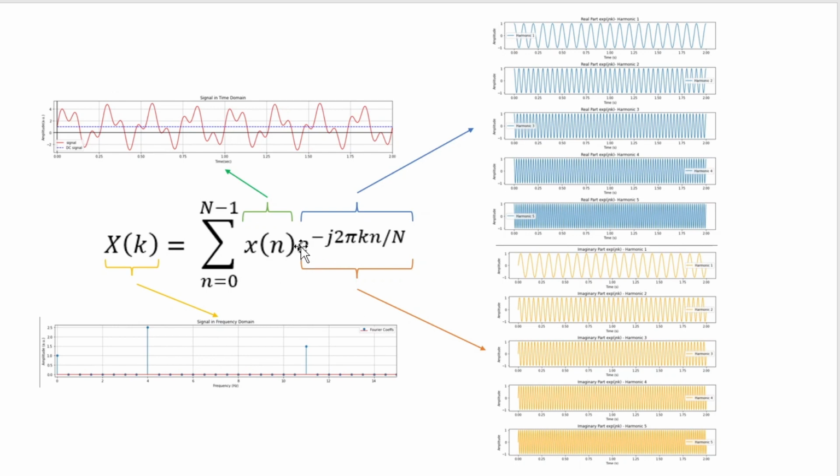This is an exponential function. It is a complex exponential. It has an imaginary part, and in this imaginary part there's a number called k, and that is 2 pi multiplied by k into n divided by N. What it means is that this is a discrete time Fourier transform, so the time axis has been converted into discrete steps. Those steps are defined by this number of samples, the sample rate, and the harmonic part is defined by this number k.